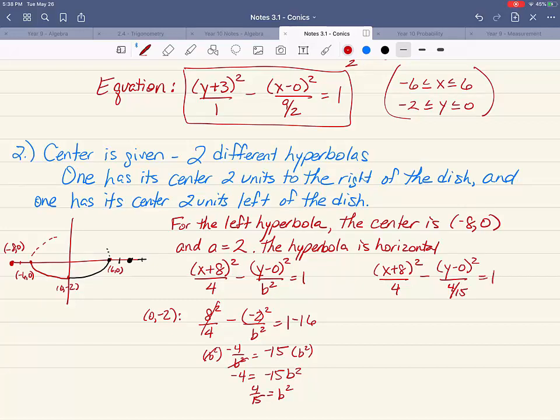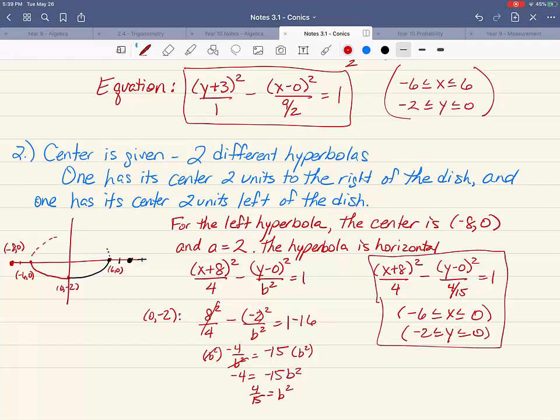Now be careful, your domain restriction is different this time. It doesn't go from -6 to 6. This time it goes from -6 to 0 because I'm only dealing with the red piece of the graph. The y's don't change. So the y's are -2 to 0. Be very careful that you write it correctly.